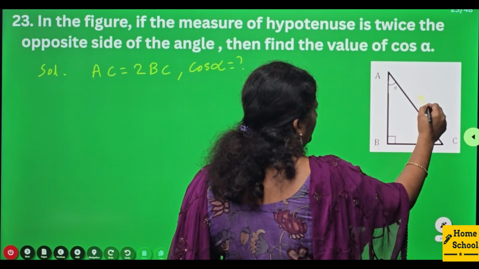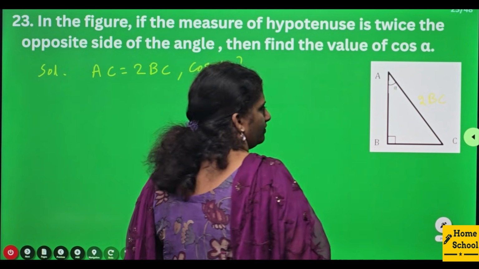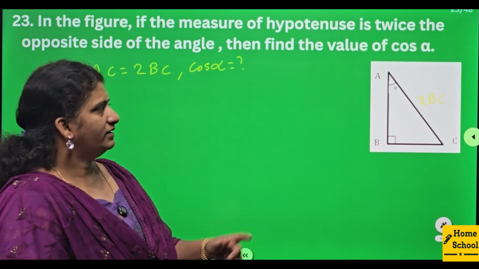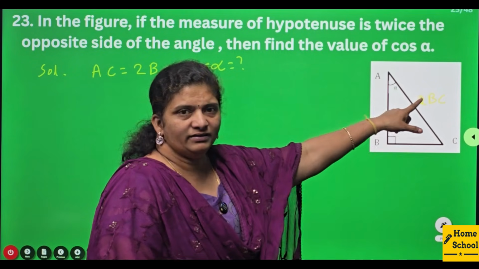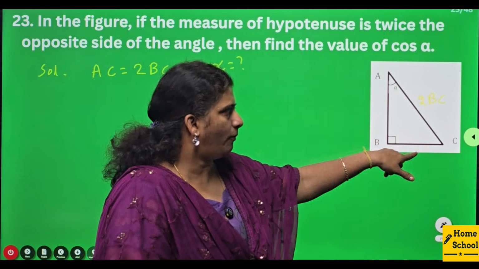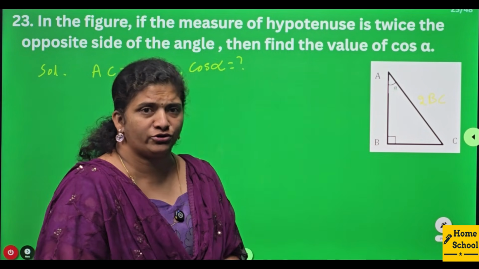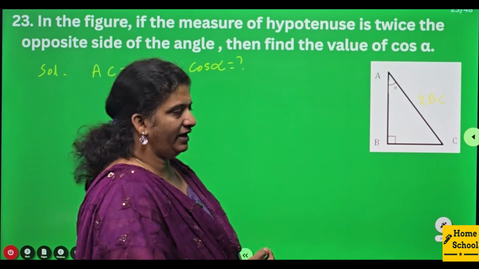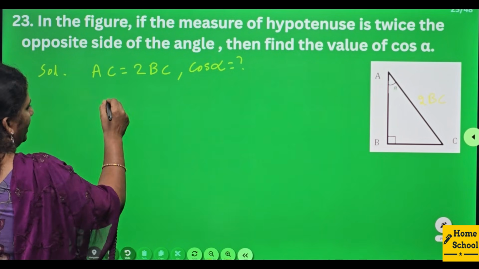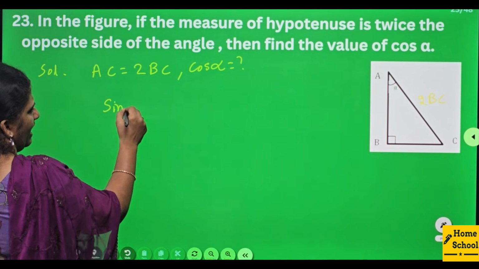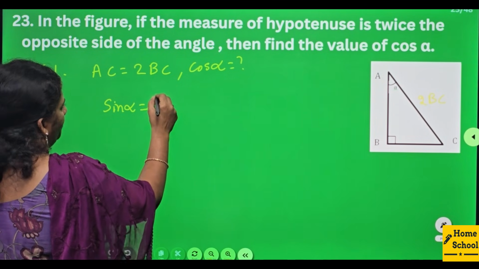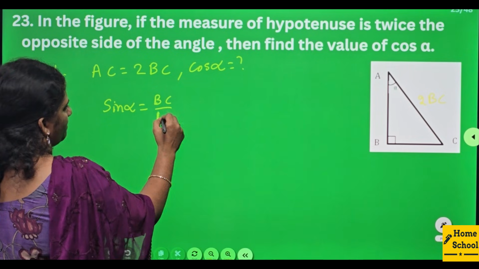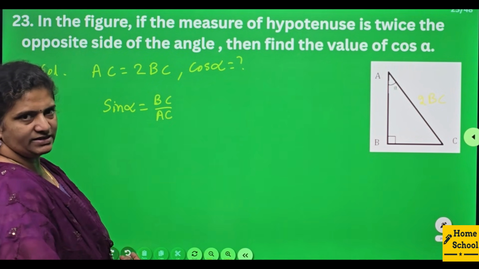AC is 2BC, given. How can I find this? I am comparing this with opposite and hypotenuse, which ratio? Sin theta, right? So let me take it as sin alpha is equal to opposite BC by hypotenuse AC.